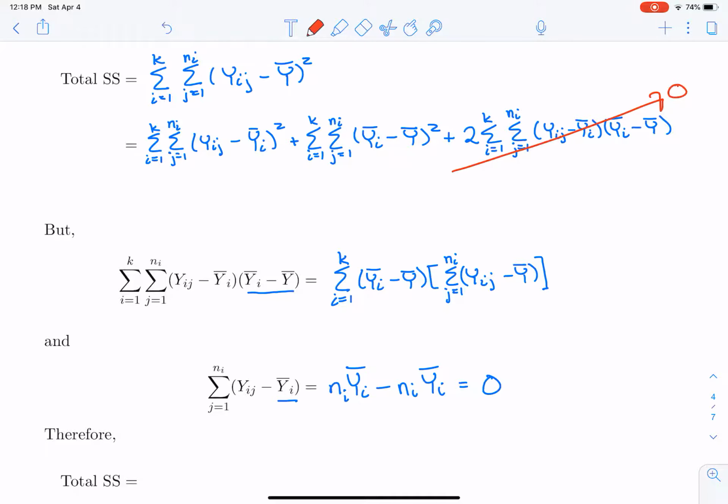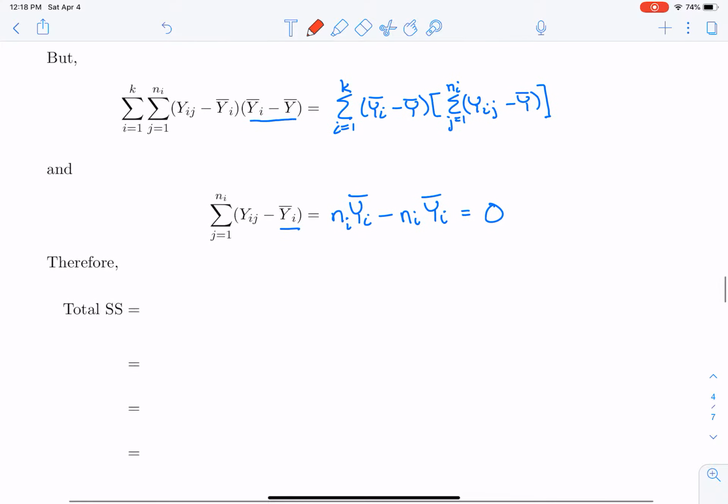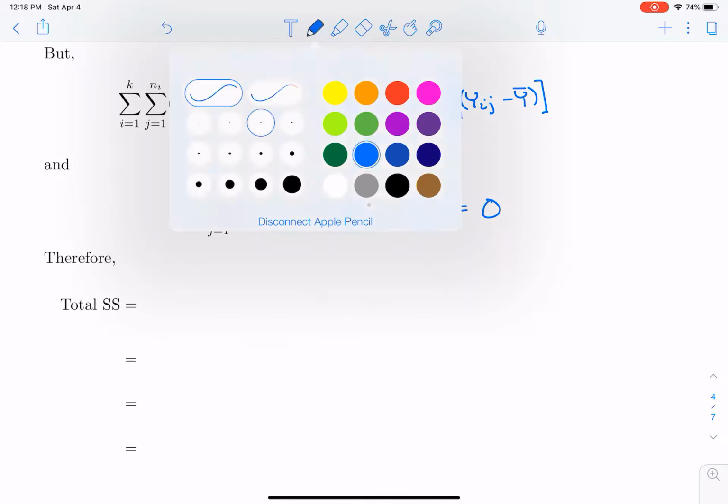Okay, that means we can write the total sum of squares as only having 2 pieces.